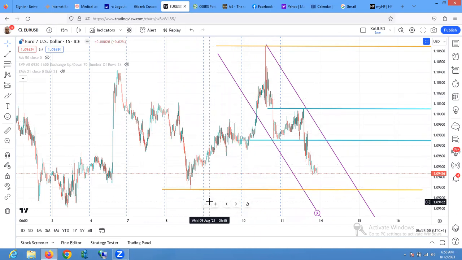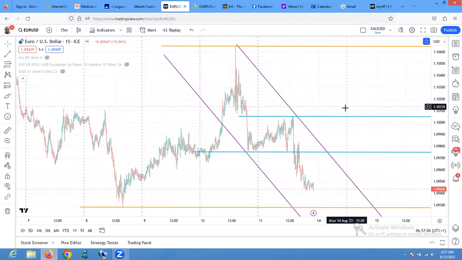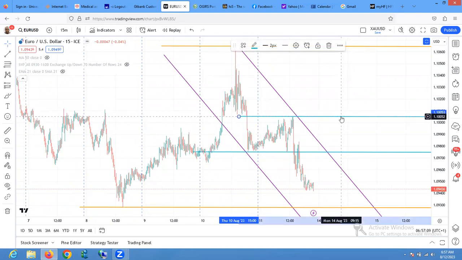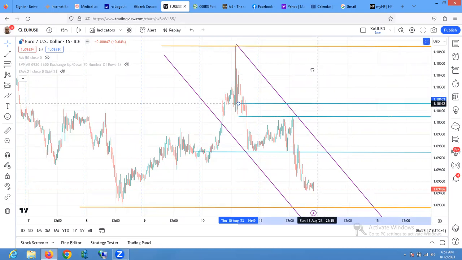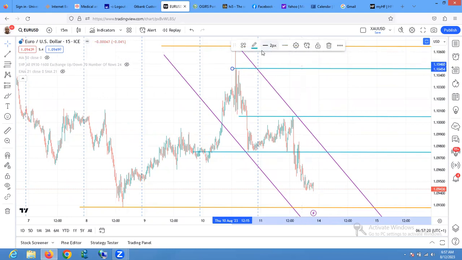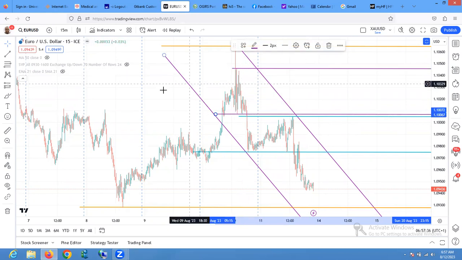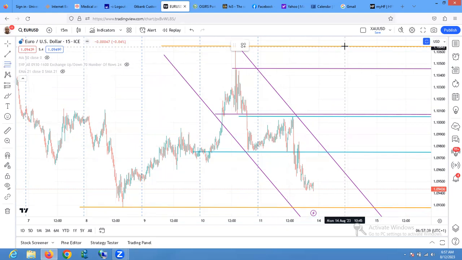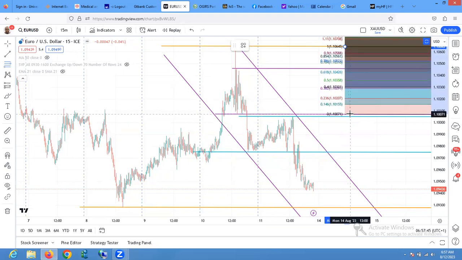Another thing to look at again is if I see this as a correction on the lower time frame, if I see this as a 1 and a 2 on the lower time frame, I'm still going to go inside the 5 minutes to see.